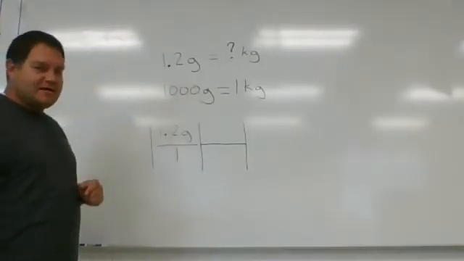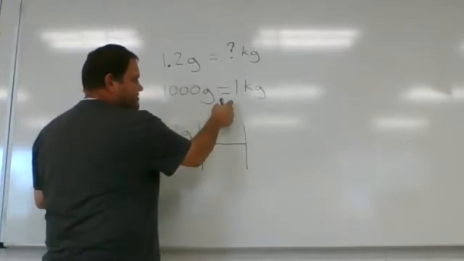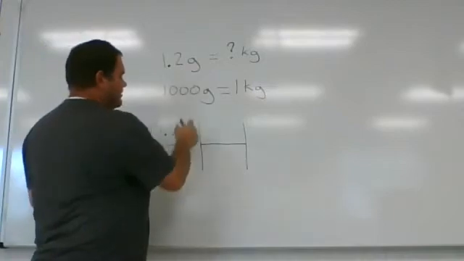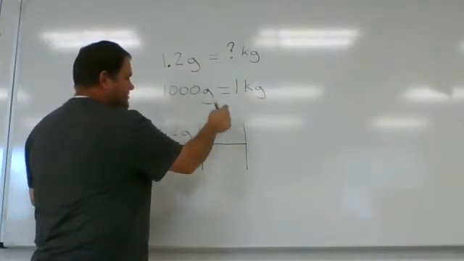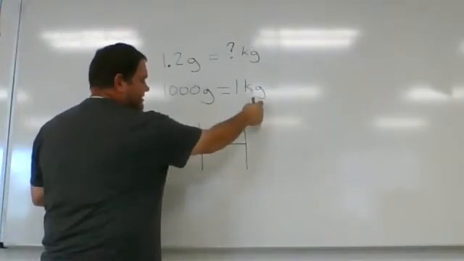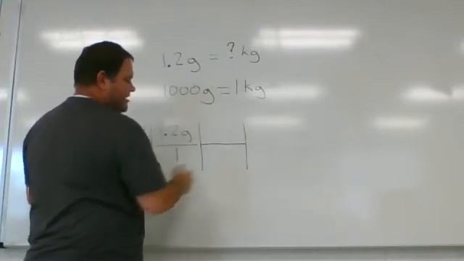What goes in this post is our conversion factor. One of these units, the gram, is either going to go on the top or on the bottom, and the other unit, the kilogram in this case, is going to go on the other, either top or bottom.